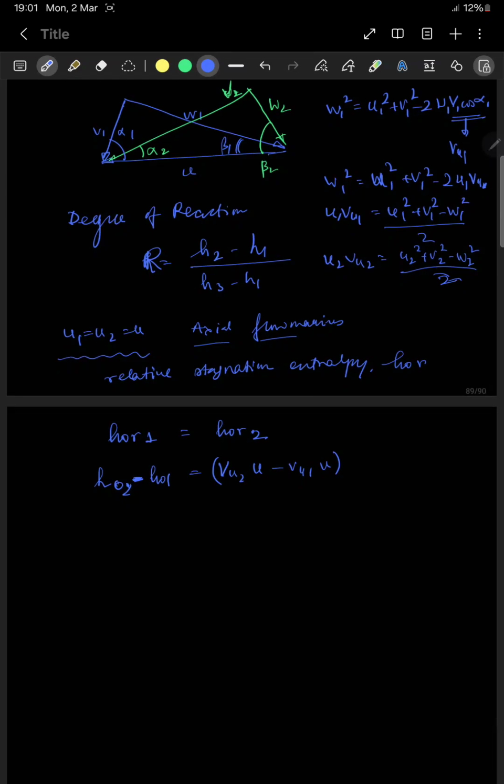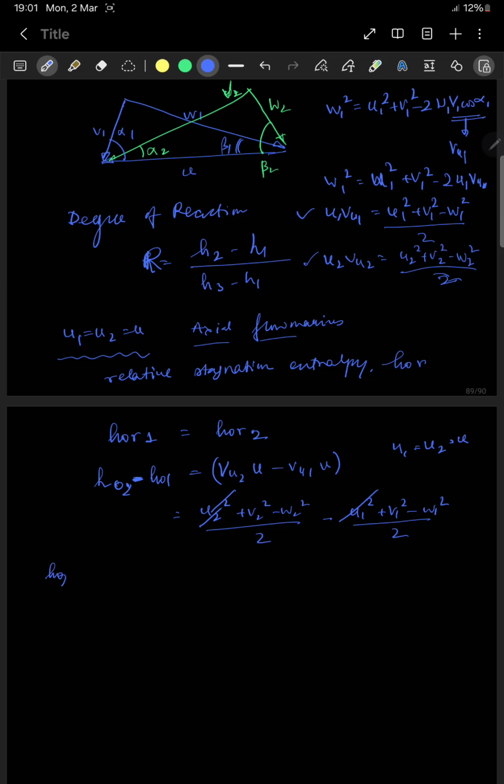So if we replace these two with this and this, we have U2 square plus V2 square minus W2 square divided by 2 minus U1 square plus V1 square minus W1 square divided by 2. Since U1 equals U2 equals U, these cancel out, right?